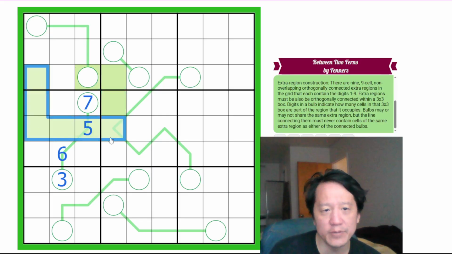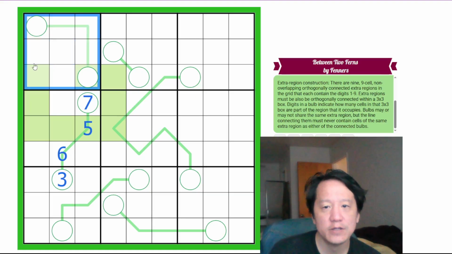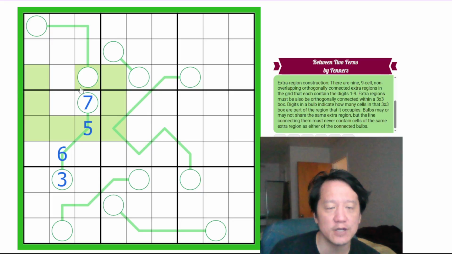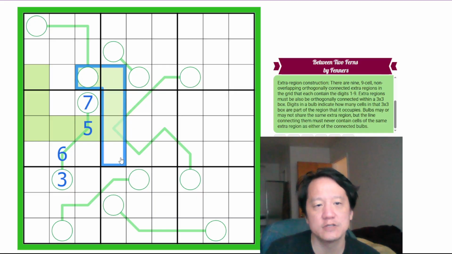So this cannot be a region because in the 3 by 3 box, the region must be orthogonally connected within a 3 by 3 box, and these are not orthogonally connected, which just means sharing an edge in the 3 by 3 box.